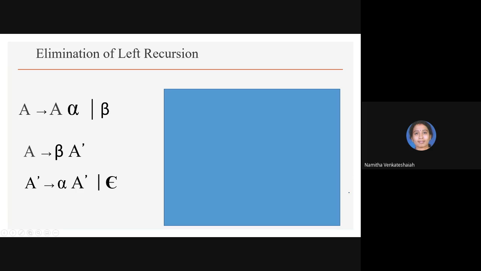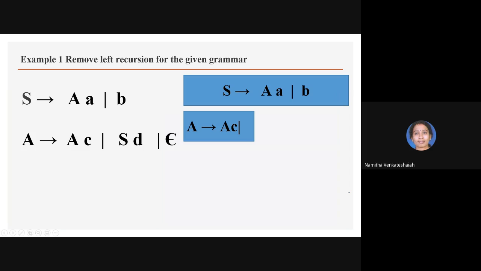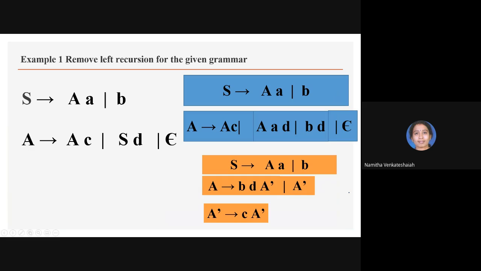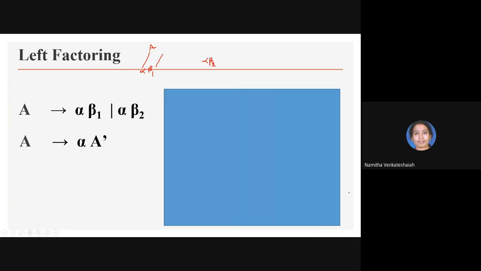Using this formula, you can eliminate left recursion, and similarly, you can remove left factoring. When A produces alpha beta 1 or alpha beta 2, you can write A produces alpha A dash, and A dash produces beta 1 or beta 2. So we have solved one problem in each case.